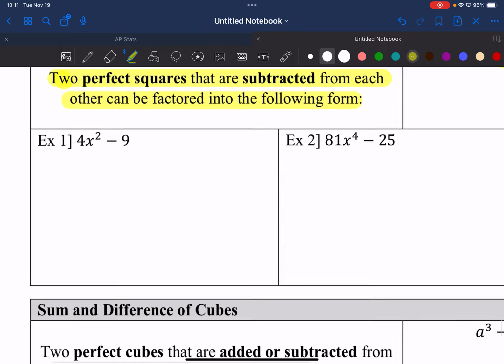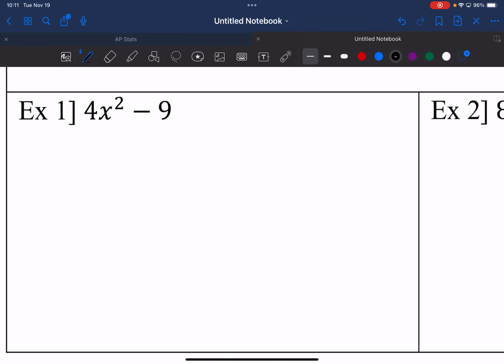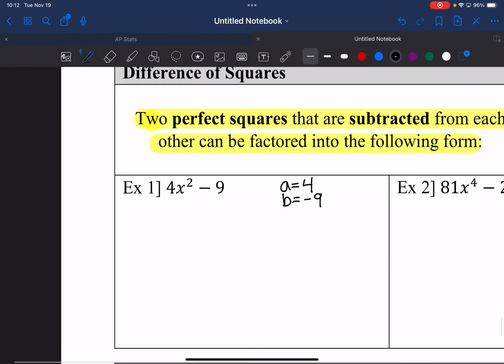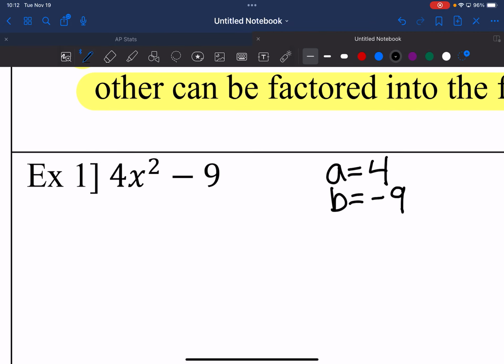If we're looking at number 1, let's first label our A and B. What is going to be A? 4, just the coefficient 4. And then our B is going to be 9. So don't think of A, B, and C from quadratics. We're looking at this formula up here where it says A squared minus B squared. And here we have 4x squared minus 9. In order to find our A and B, we have to take the square root of these numbers.